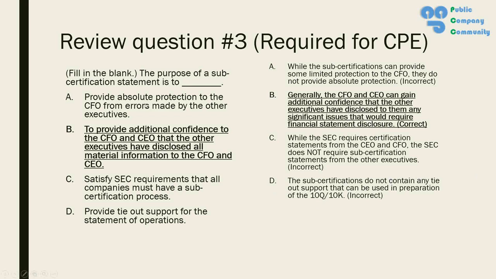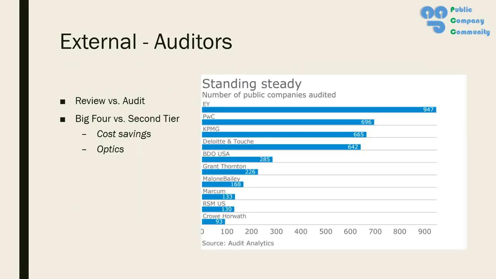It's not absolute confidence. So this first one, absolute protection, it's definitely not absolute protection. Satisfy SEC requirements. It is not required for companies to have a sub-certification process at their company. And then provide tie-out support for the statement of operations. It doesn't provide any support. There are typically no numbers in these certification statements, so it's not tie-out support.